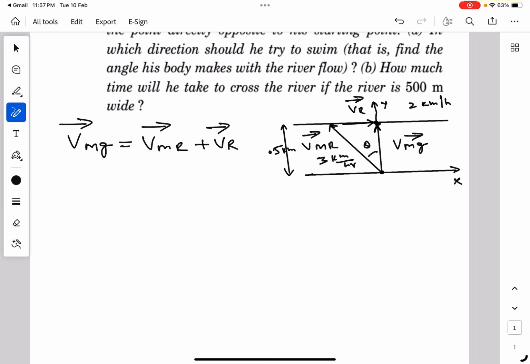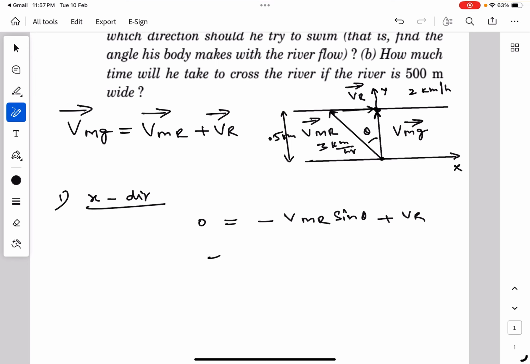Let us equate the components in x direction. So this will give us 0 equal to minus Vmr sin theta plus Vr, and this will give us, let us put the values.